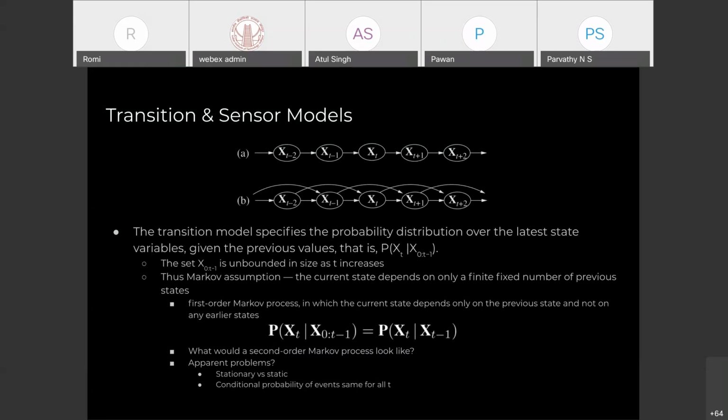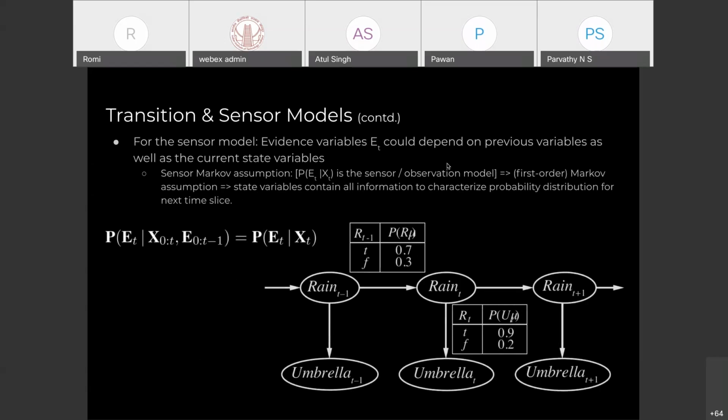This is a transition model because we're just considering our unobserved states. Then we come to the sensor model, which is considering how our evidence variables will look. Now these evidence variables should ideally draw in from the states as well as previous evidences.